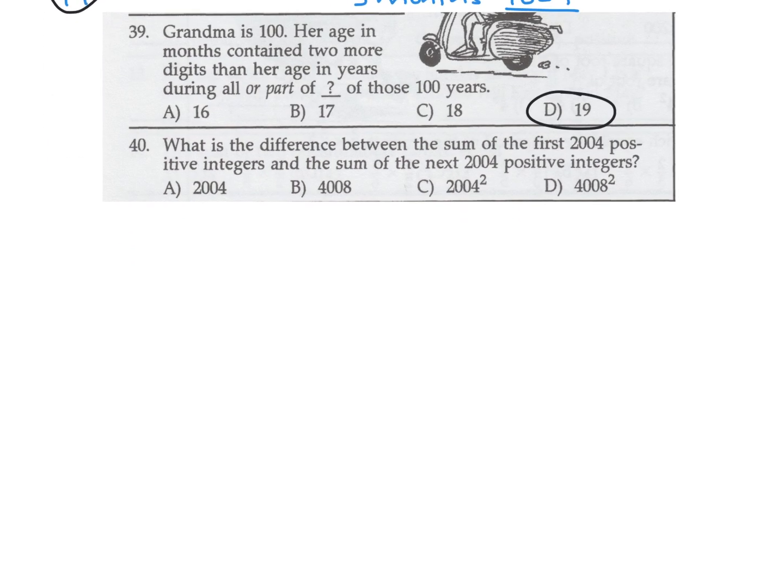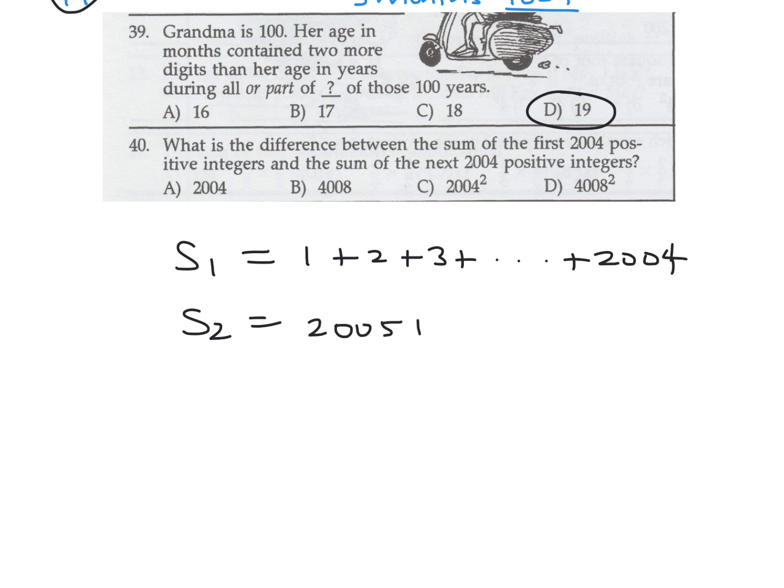And finally, what is the difference between the sum of the first 2004 positive integers and the sum of the next 2004? So the first one is basically 1 plus 2 plus 3 all the way up until 2004. And the second one is 2005 plus 2006 all the way up until 4008, correct?